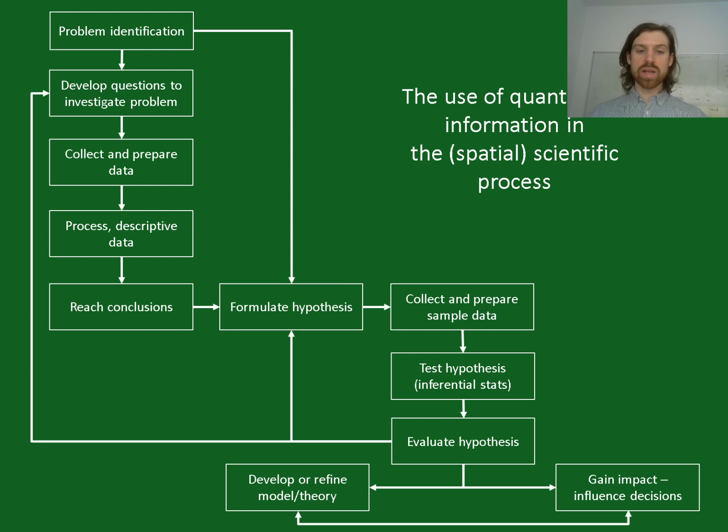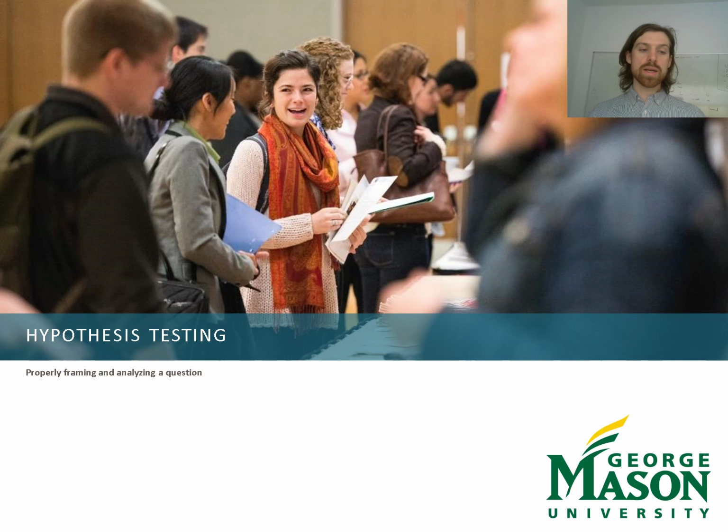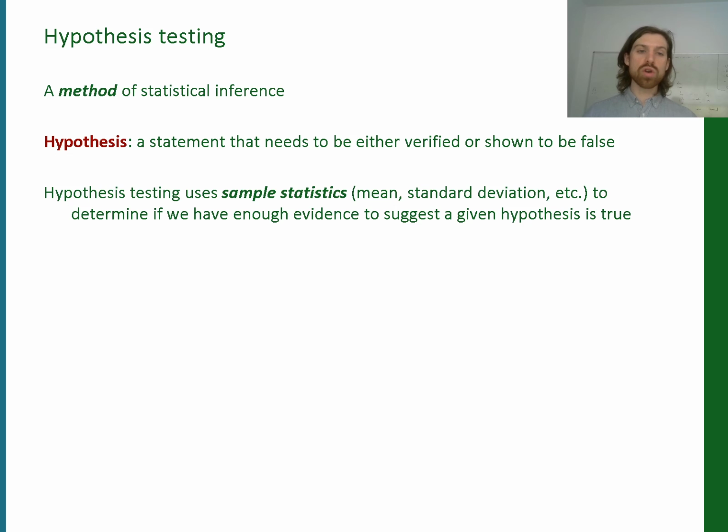Okay, so let's not get too sidetracked. We're going to focus more on these inferential statistical tests today. Let's start with hypothesis testing. So we've covered what a hypothesis is in the previous classes. So this is essentially a statement that needs to be either verified or shown to be false. And we do hypothesis testing using sample statistics.